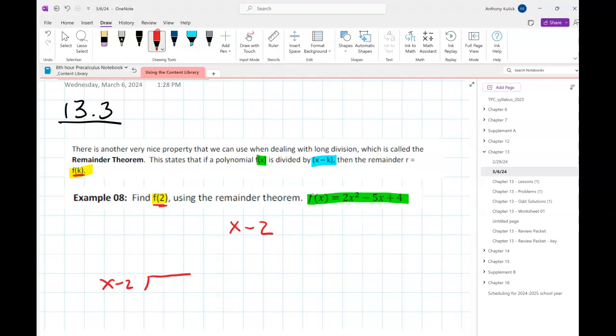So what I'm going to do is go ahead and do this division. And I know that the remainder from this division should equal the same thing as f of 2. So what times x gives me 2x squared? Well, 2x. I distribute those to both places, subtract down, bring down the 4.